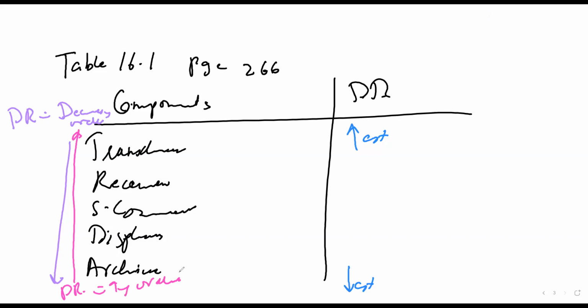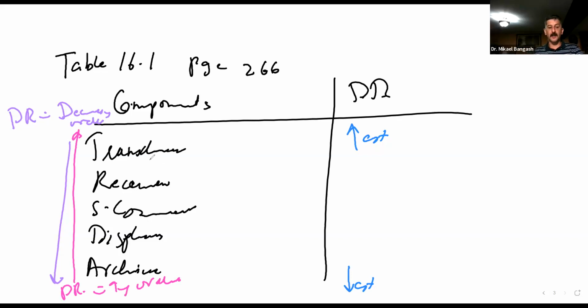Good. Now you also look at this sequence here and compare it to that diagram that we had in chapter 15. Let me just see if I can look at this. Which one was it? Figure 15.7. And what did I say?